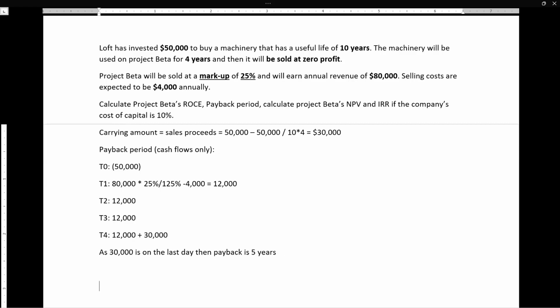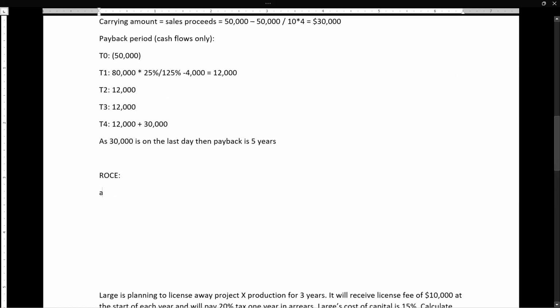Okay, how about we calculate the return on capital employed? What would be the difference? Well, return on capital employed for the whole project would be this overall annual profit. So annual profit would be, we would take 12,000, but that is not it because that is in fact cash. And we need to subtract our depreciation, so 50,000 divided by 10.